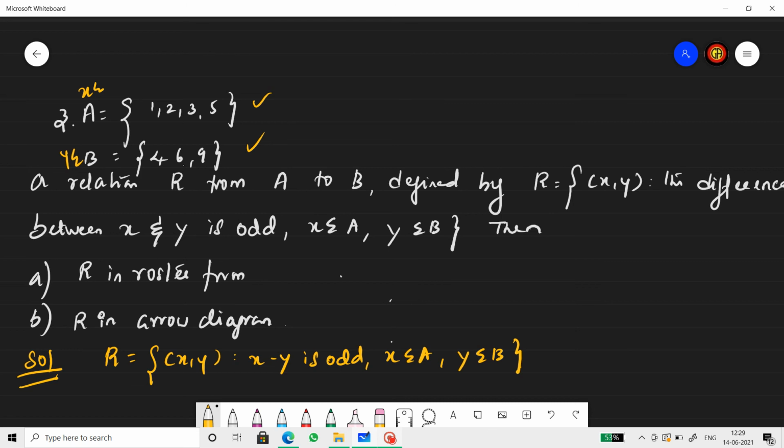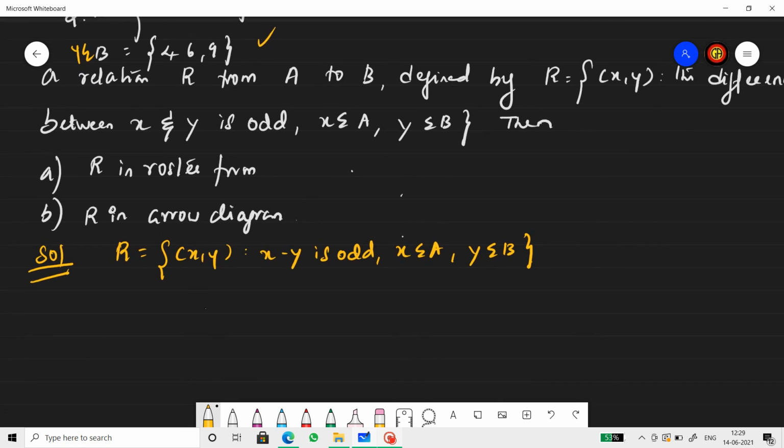So R set should be, if I choose 1 from A, I should pair 1 with 4 and 6. If I choose 2, then I should pair with 9. If I choose 3, then I should pair with 4 and 6. If I choose 5, I should pair with 4 and 6 again. Right? So I'm going to list that here.